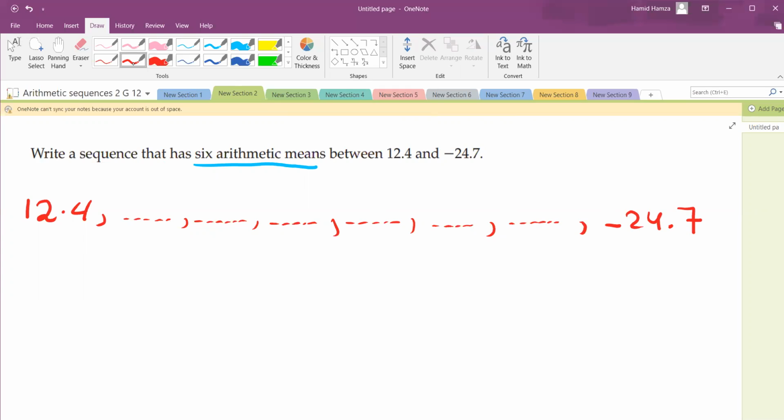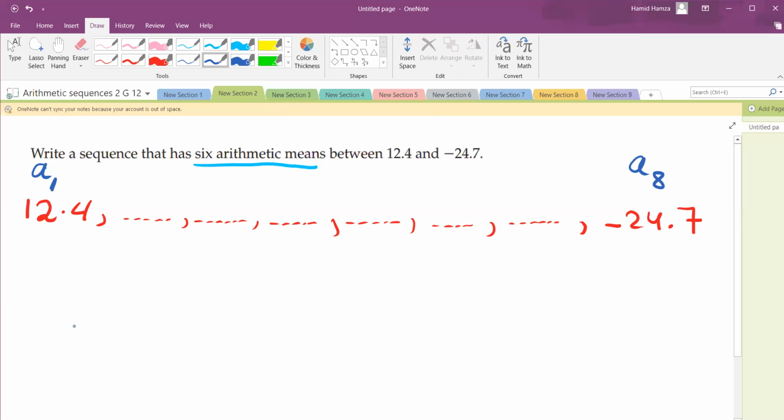In this case, this number represents the first term, A1. Counting 2, 3, 4, 5, 6, 7, 8, this term represents the eighth term in the arithmetic sequence.